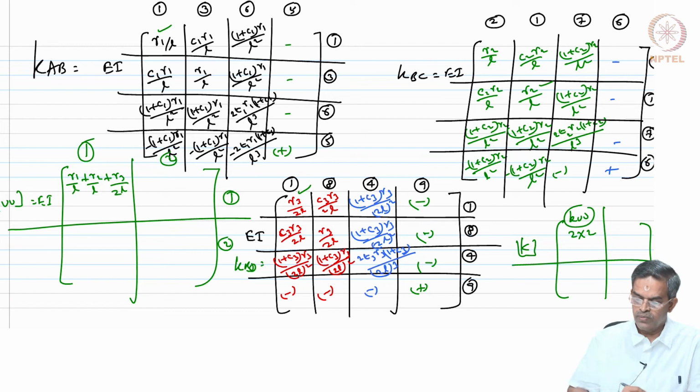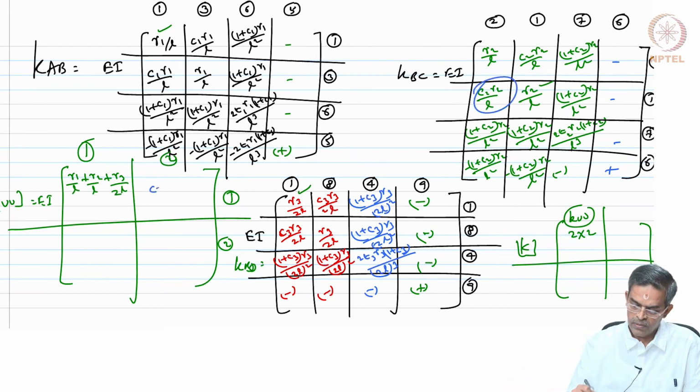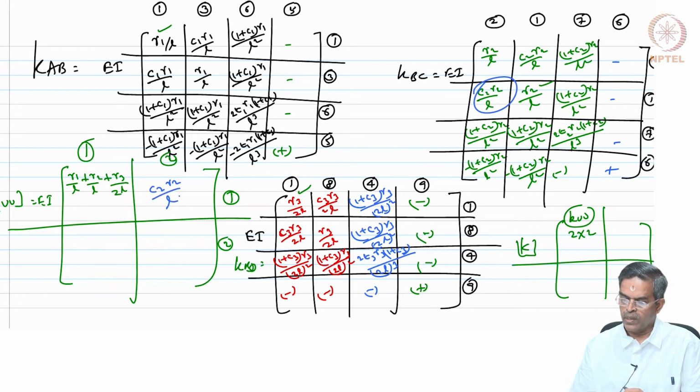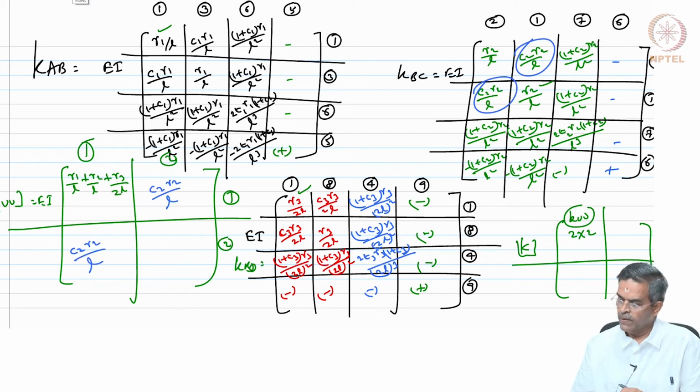Let us now do 1 2. So, 1 2 I can pick up from this, which is C2 R2 by L. Then 2 1 I should pick up from here, which is C2 R2 by L. Then 2 2 I will pick up from here, which is R2 by L.